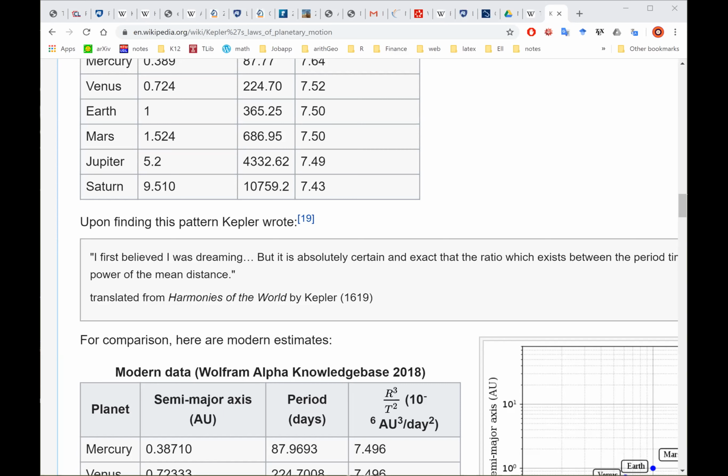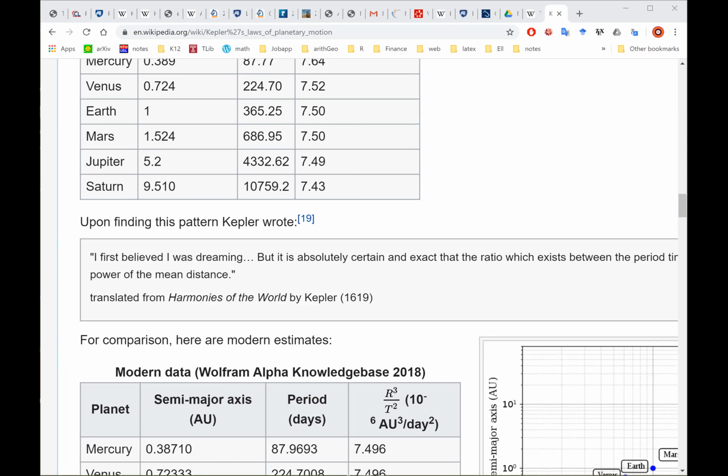After Kepler gave his 3 laws, nobody knew why the orbit should be an ellipse for 70 years. It had to wait for another genius, Isaac Newton.